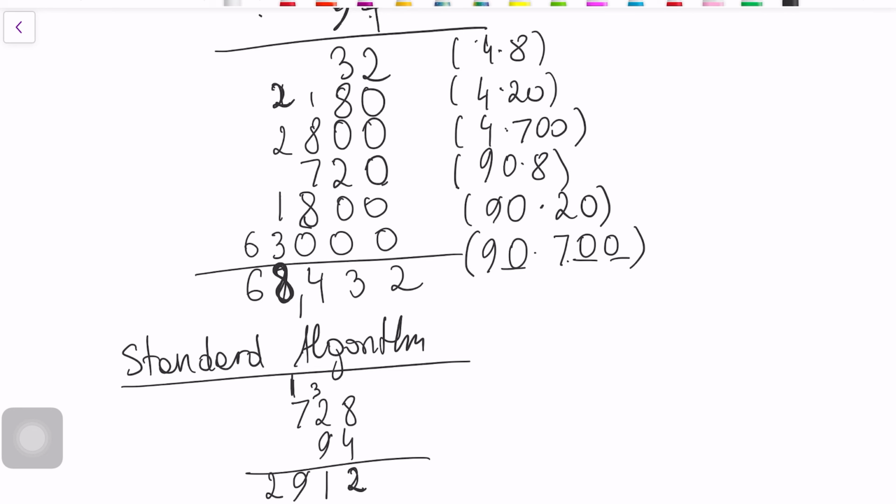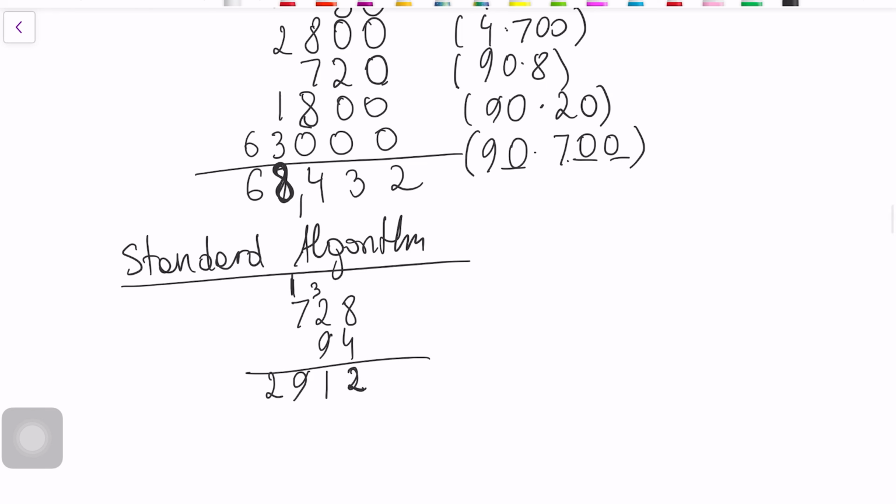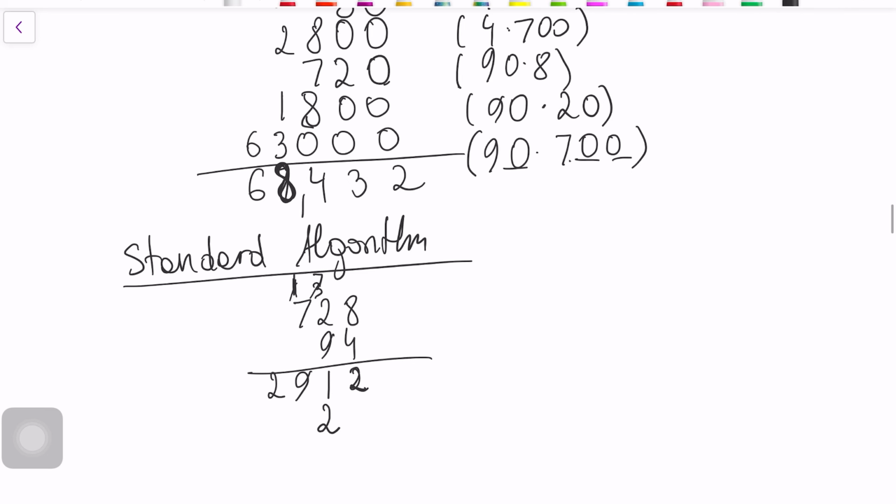And then 9 times 8 is 72, but we're moving 1 to the left because we're really multiplying by 90. So we can add 0, but we don't have to, right? So 9 times 8 is 72, 2, and we carried 7. I'm scratching off so I don't confuse what I have now. 9 times 2 is 18, plus that 7, that's 25.